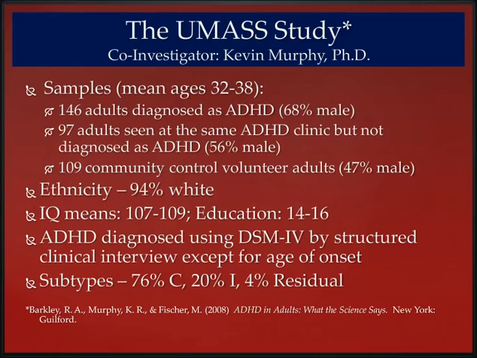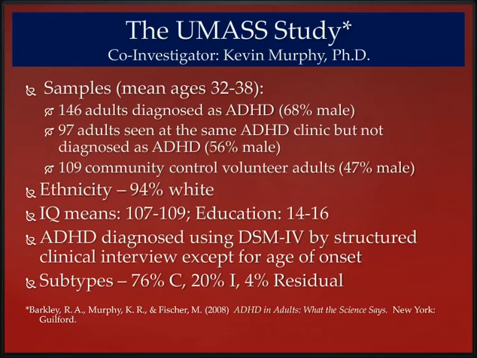However, within each group, the age ranges are from 18 years of age up to 60 or more years of age. The sample is predominantly a white sample with a slightly higher than normal IQ and with slightly higher than typical education. ADHD was diagnosed according to formal DSM-IV criteria using a structured clinical interview given by an expert clinician.